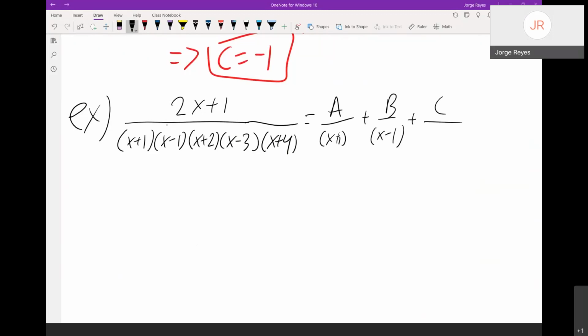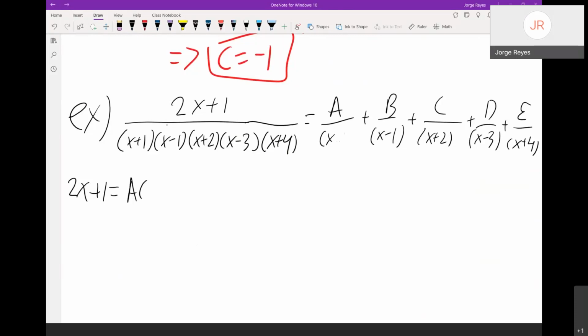So first you've got to set this up regardless of which way you choose. All of them are distinct linear factors. And this is going to be a lot of writing. But 2x plus 1, after I multiply both sides by the denominator, I'm going to get A, and then the only thing that's left, the one that cancels, is x plus 1, so it's going to have all of the other ones: x plus 2, x minus 3, x plus 4.